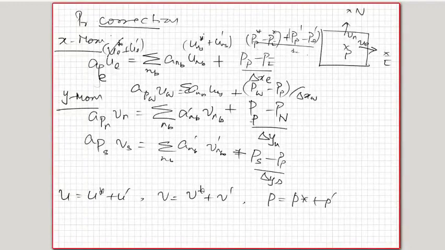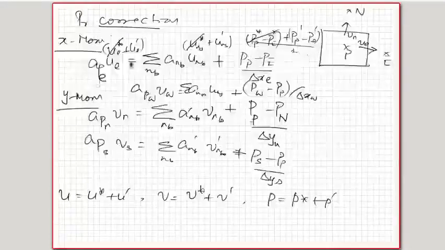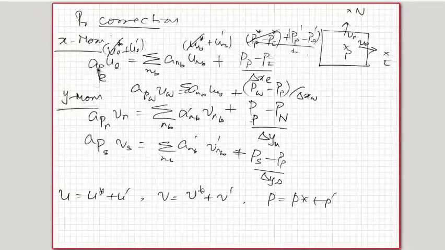So I can cancel this, this and this, and that leaves a correction for prime.